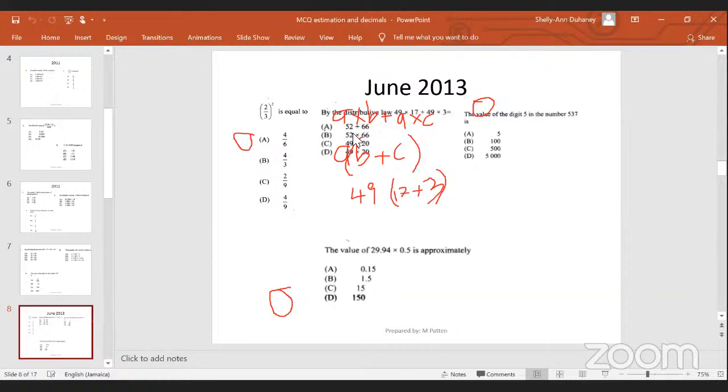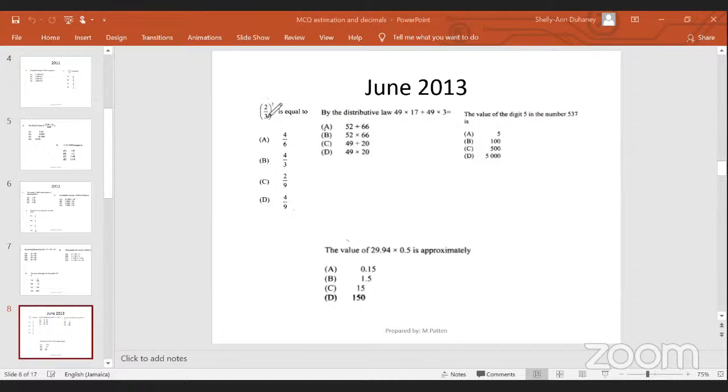Let me clear this. All right, so we have 2/3 all squared. What is the answer? 4/9, D. So multiplying 2 by itself, 2 times 2 is 4, and 3 times 3 is 9, which is indeed 4/9.